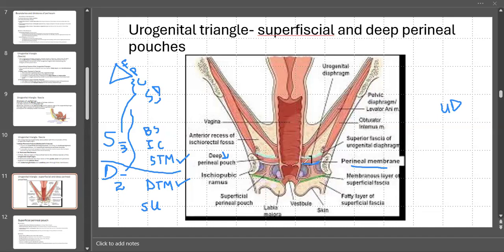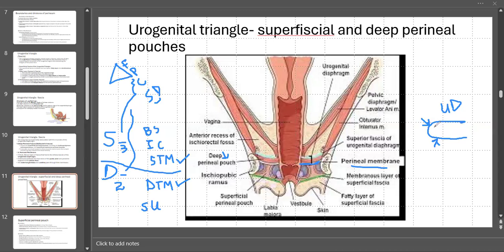This blue one is the perineal membrane. Urogenital diaphragm is just like a sandwich. This is your sandwich. It has an upper slice of bread and it has a lower slice.